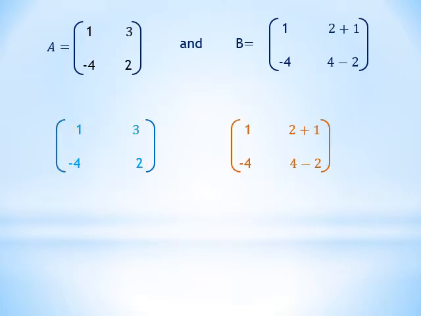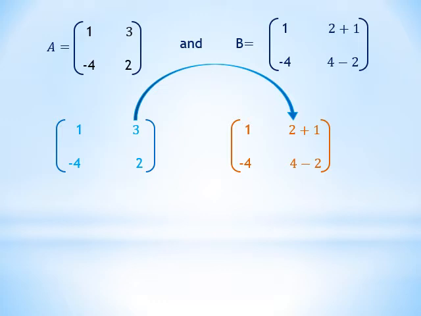Now observe. If you put this matrix and place it on the first matrix, then these entries come on top of each other. So these entries are corresponding to each other.